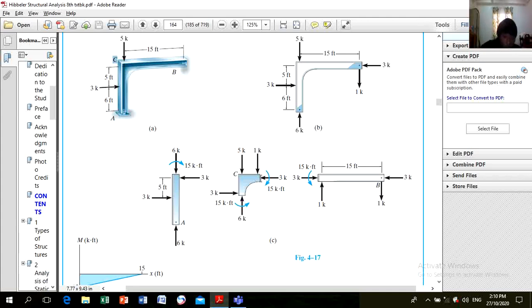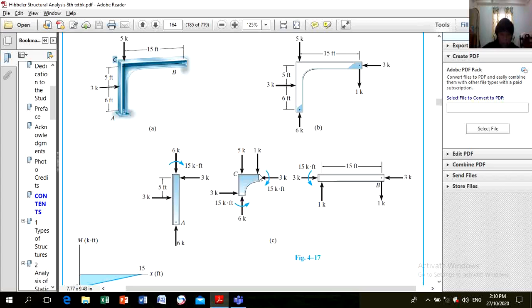By the way, when you sum moments here, this is said to be of infinite length. You cannot consider this as a moment created by a moment arm. There is no moment arm here because it's almost nearing 0. It's not totally 0, but at distance x, not equal to 0.